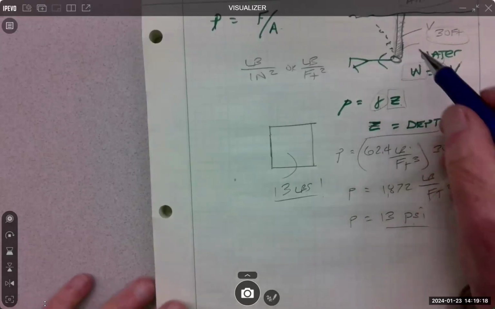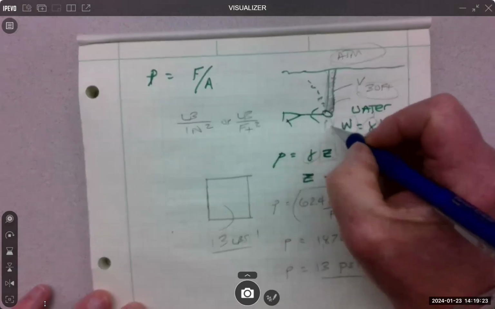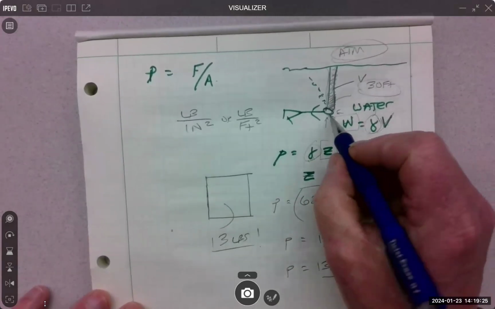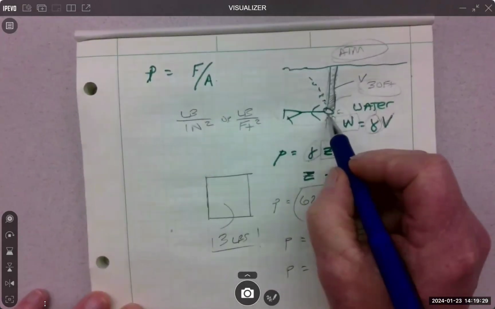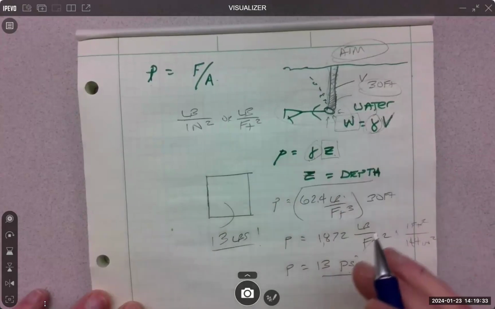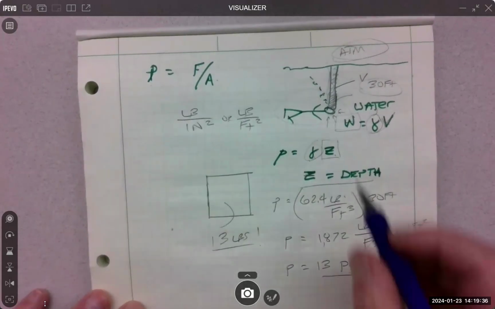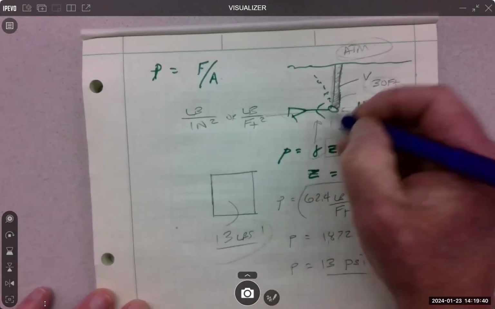Now, the way it works underwater is it is on all surfaces. Honestly, the lower part of your head, if you were in this position, is going to feel more pressure than the upper part of your head. So it's not perfect, but most of your body is going to feel the 13 PSI in all directions.